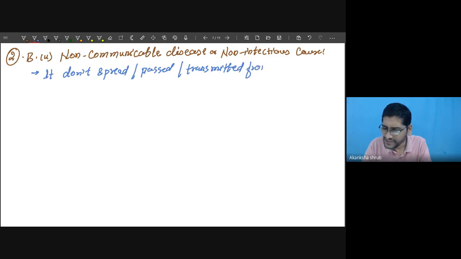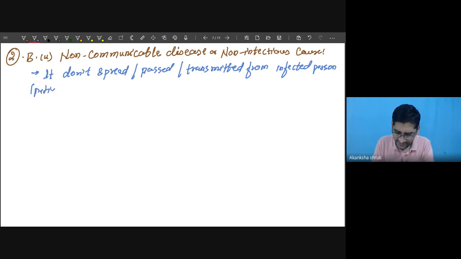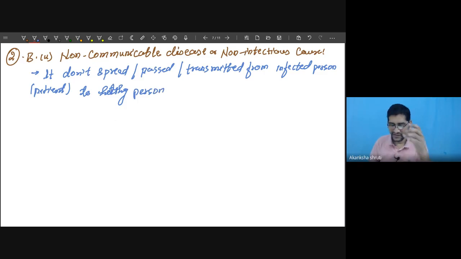from the infected person, infected person is what? Patient, to a healthy person. So if the situation is like that, the disease is not transmitted or not passing, then such a category of disease is called non-communicable disease.